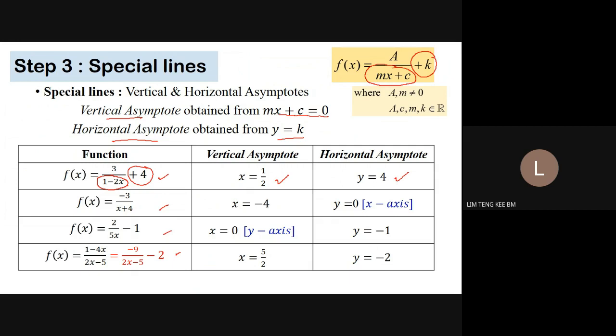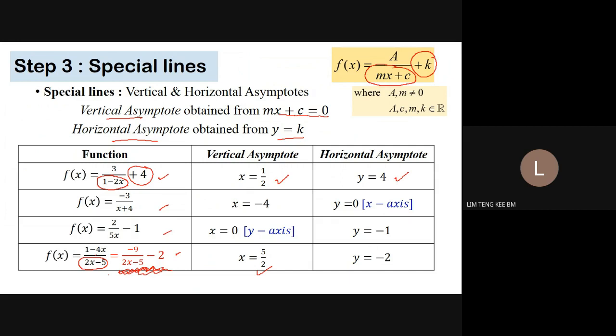And if you refer to the last example, I can obtain the vertical asymptote easily: 2x minus 5 equals to 0, even without doing the conversion here in red. And for the horizontal asymptote, actually there is a trick.